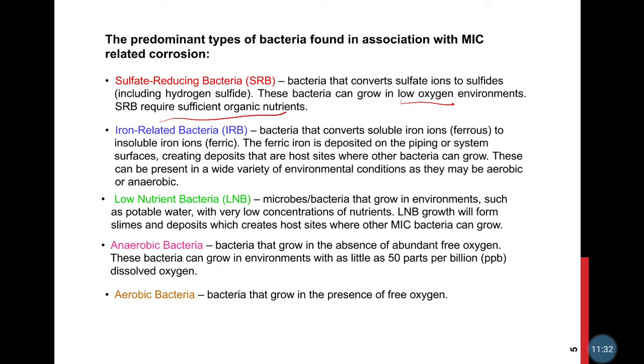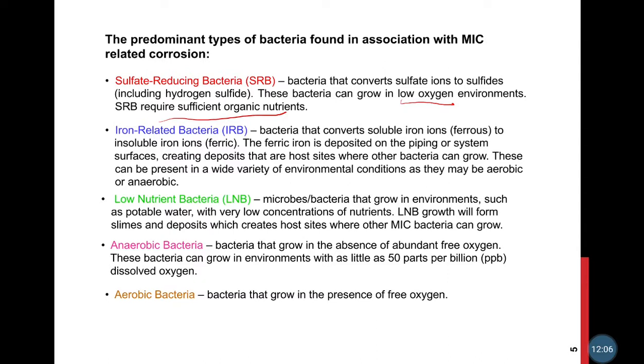So the second microorganism yang orang kata associate dalam MIC ialah iron related bacteria. Okay, iron related bacteria macam juga sulfate tadi. Kalau sulfate reducing bacteria, dia akan convert sulfate, and for IRB dia akan convert soluble ions iaitu ferrous, to insoluble ions which is ferric.